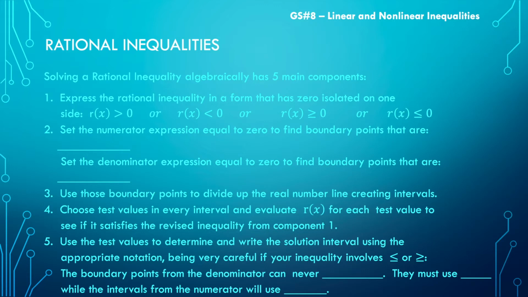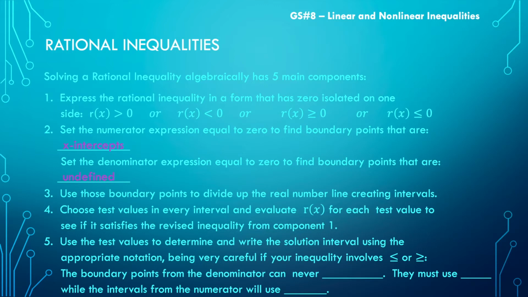Okay, that's going to find you any boundary points that are x-intercepts. Then you're going to take the denominator expression, set it equal to 0, and solve for x. And that will find any boundary points that are undefined. Okay, so that's where the graph does not even exist. There's probably an asymptote or a hole there.